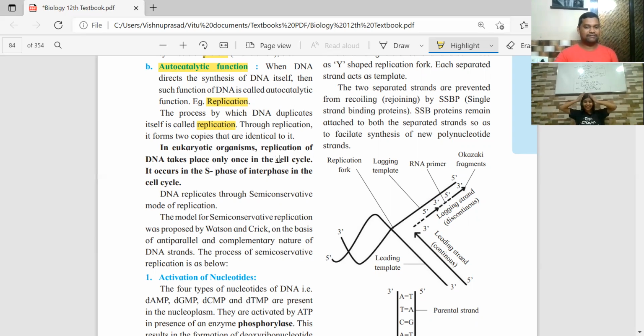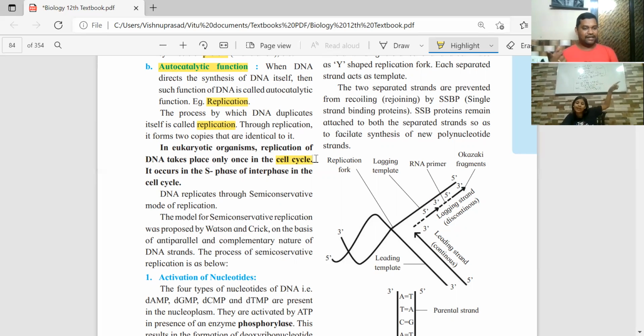If you recollect the cell cycle that you have learned: G1, S, G2 and M, four phases. M is the actual dividing phase. But before that, G1, S and G2, all three are together called the interphase.